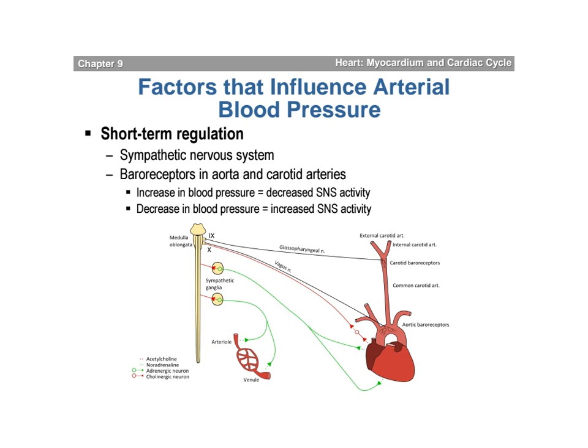So let's think about what's happened now. We've detected a decrease in blood pressure in the carotid arteries at the carotid baroreceptors, and also in the aorta at the aortic baroreceptors. In order to compensate for that, we're increasing the heart rate through the action of norepinephrine on the SA node, and we're also increasing the contractility of the heart through the action of norepinephrine on the cardiomyocytes of the two ventricles.